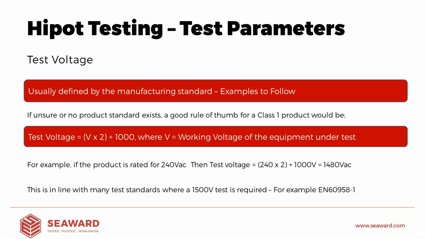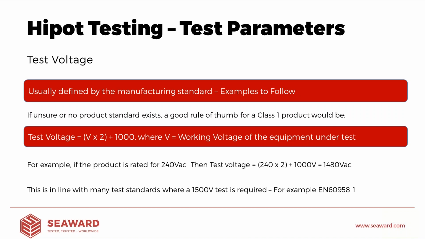Okay, so let's move on now and talk about the actual test parameters themselves. The first thing we're going to talk about is the test voltage. As good practice goes, I would always recommend that the first point of call for choosing a test voltage, or any test parameter that we're going to talk about, will be the manufacturing standard that you are claiming compliance with.